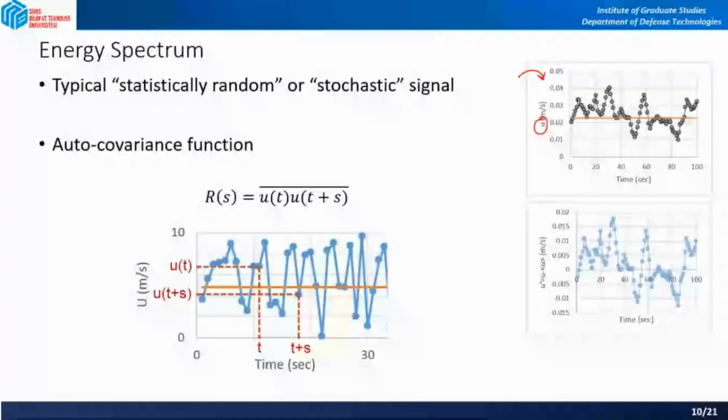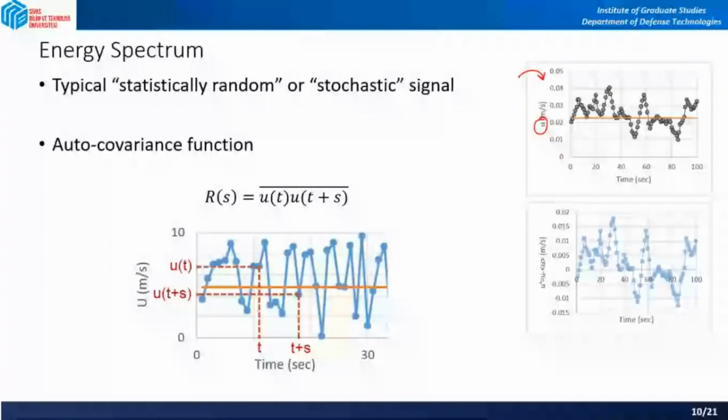All the scales present in the flow field are the main reason behind the fluctuations, and if there is some correlation in the data, it can be quantified using those correlation functions. If the same scale is responsible for generating the same signal, it can be estimated from these plots.